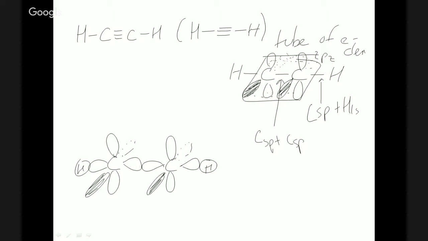Let's look at some examples. A few examples here. I may ask you to draw some orbitals, but they would be not overly complex examples, and I want you to be able to identify orbitals and understand them.